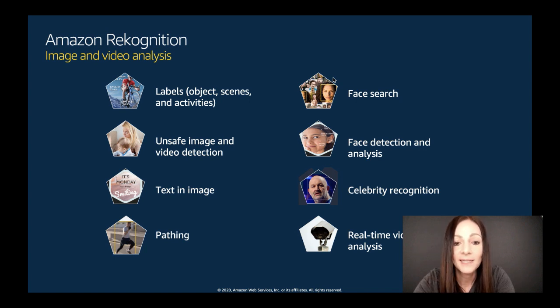Next to labeling, you can also use Rekognition to do a face search, to identify unsafe images and videos, to detect faces or text in images. You can even use Rekognition to recognize celebrities, and you can do pathing and also real-time video analysis.